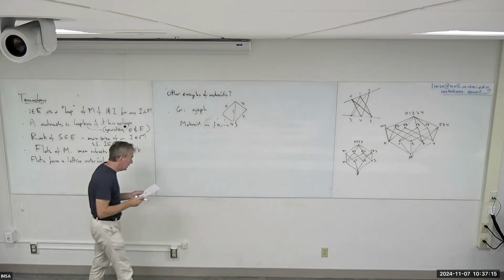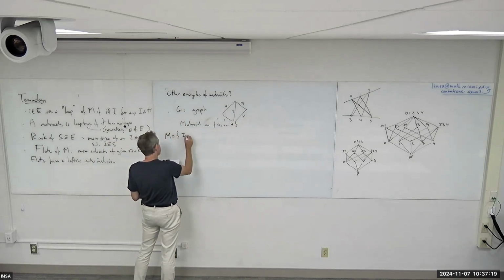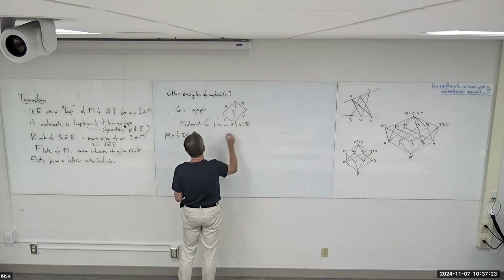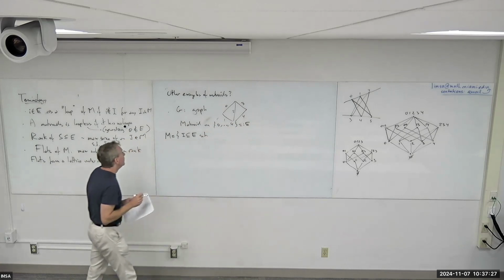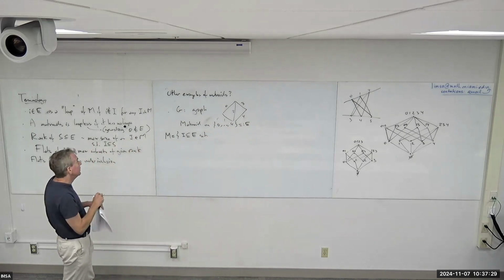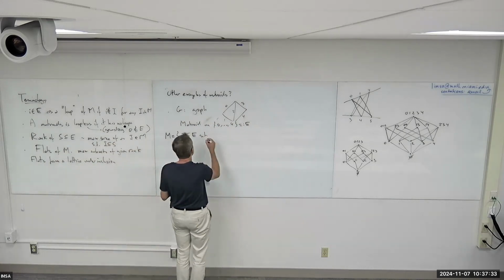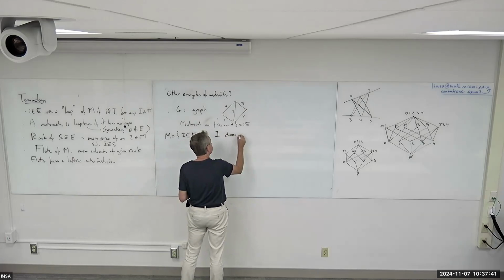I have to tell you what the independent sets are, and they are going to be the I's, such that the collection of edges in I does not form a cycle, contains no cycle.